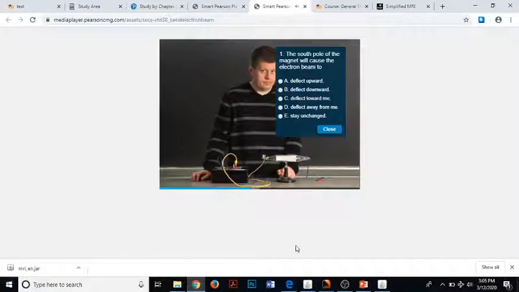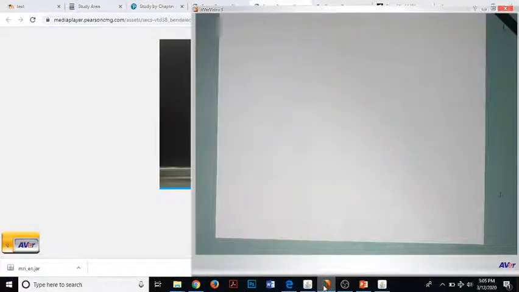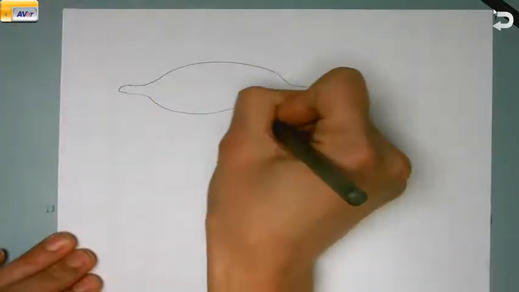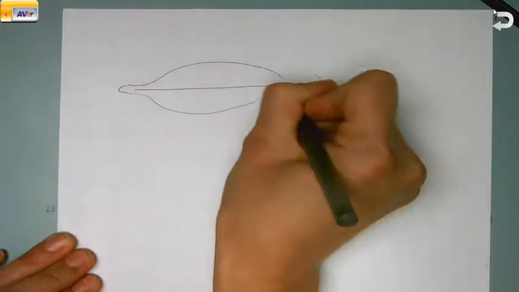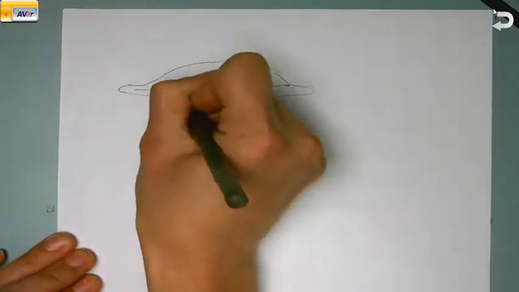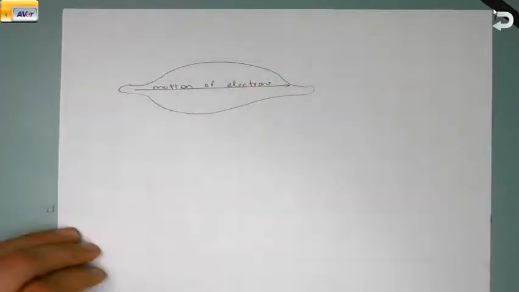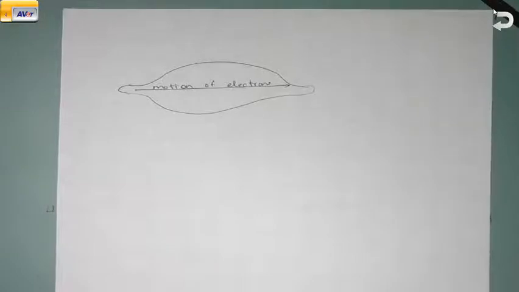Okay, so let's draw this out. So, okay, here's a video of this. So we said we have this tube, and it looks like that. And inside this tube, we have motion of electrons moving to your right through that tube.